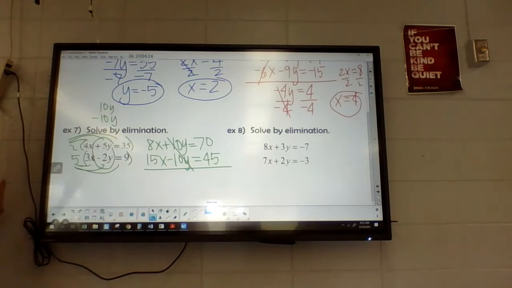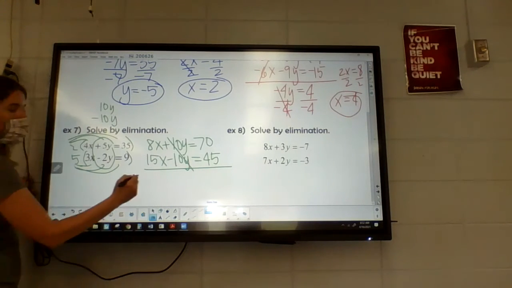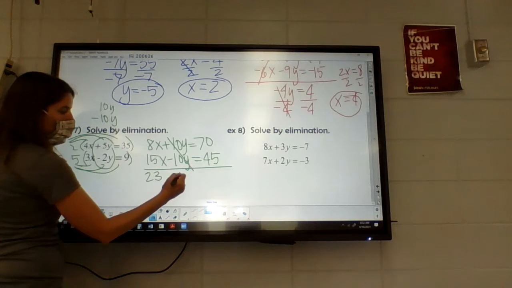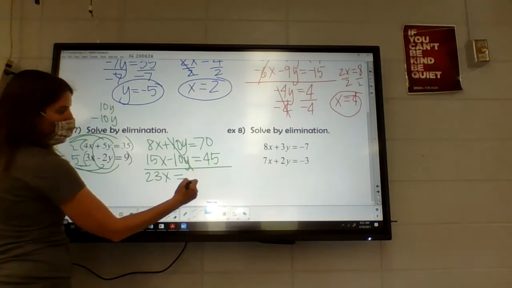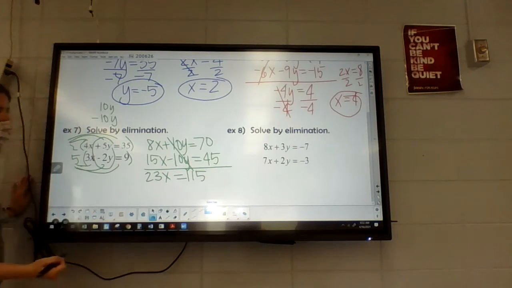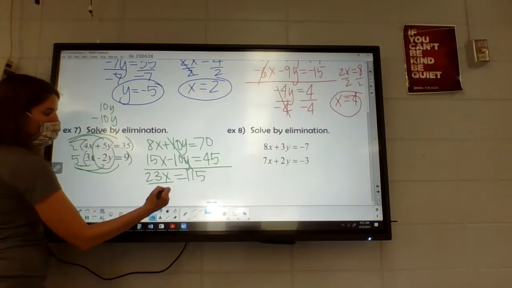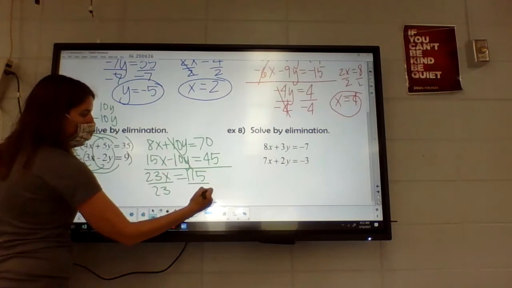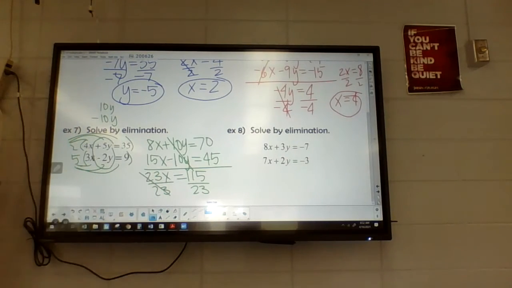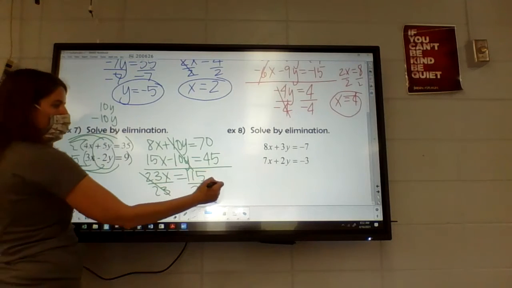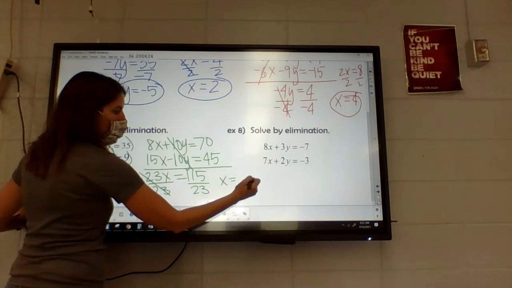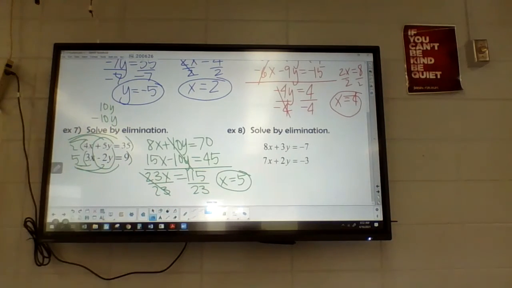Kind of crazy how that works out, but it does. It could be a decimal, but I don't think these are. And this is 115, I believe. I divide by 23. Do I get 5? Yeah. Again, kind of bizarre how that works out, that I could end up with these huge numbers and then end up with this really nice answer that's not a decimal.